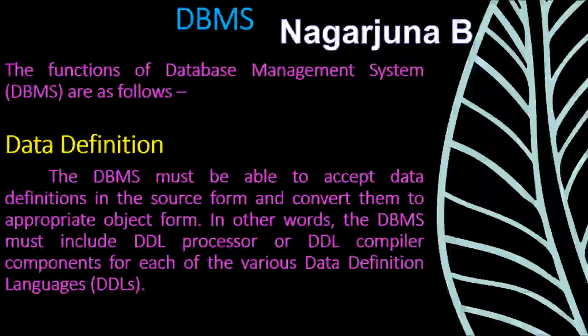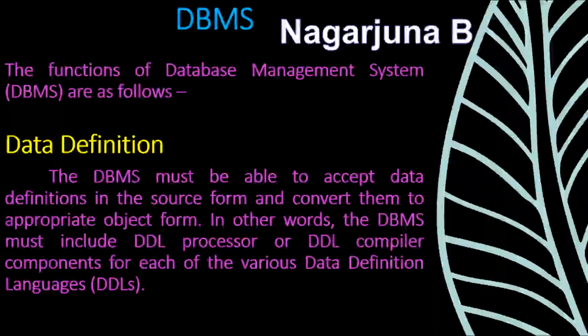The source form can be many. All the source forms it has to accept and convert to the appropriate object form. In other words, the DBMS must include a DDL processor or DDL compiler component.